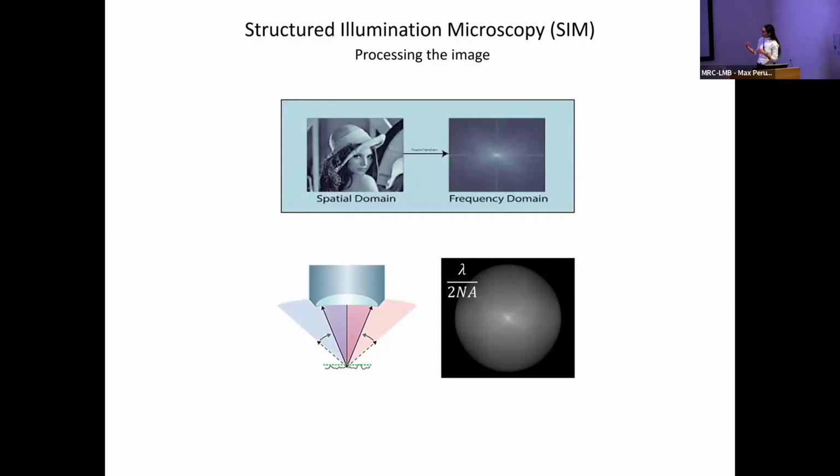The more intuitive way to see an image is that it's a series of pixels. So you have an image in the spatial domain, it's a grid of pixels, and each pixel has an intensity, the entire series of all those pixels from the image that we can see with our eyes.